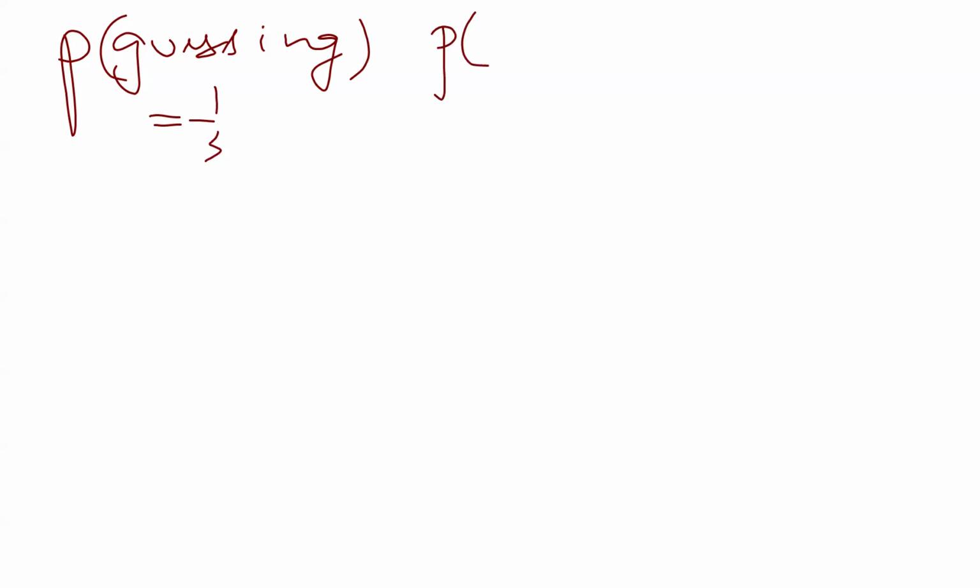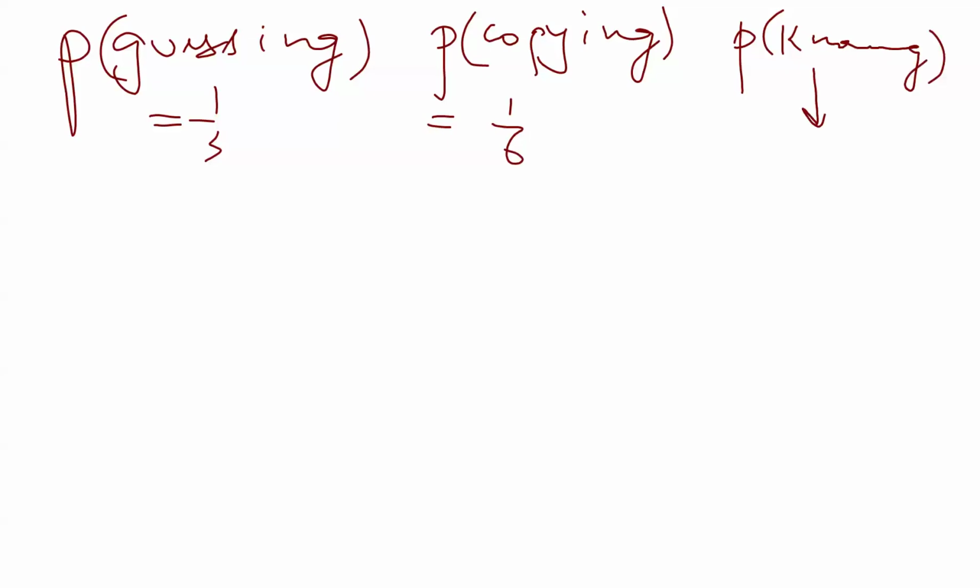Probability of making a conscious choice of copying is 1 by 6. And the probability of making a conscious choice of knowing is equal to 1 minus (1 by 3 plus 1 by 6), 1 minus the rest. So this is equal to half.